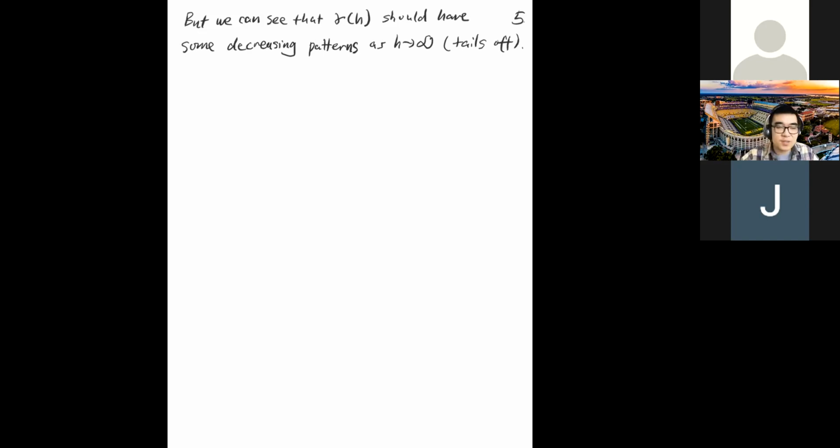So the tail never reaches 0, but it would converge to 0. That's what this means. And why? This is because we require the sum of psi_j squared to be less than infinity. So psi_j would be small as j goes to infinity.